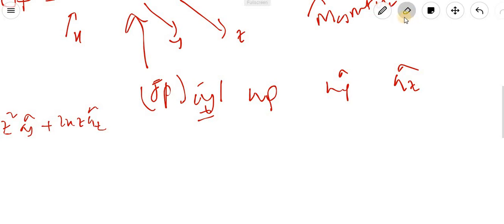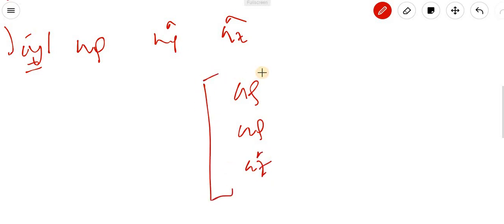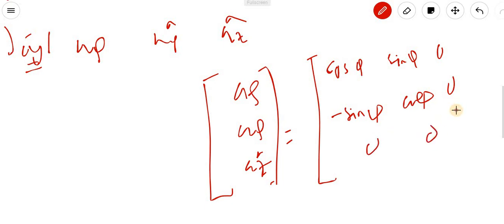Now, as you know the relationship of a rho, a phi, az, how it is correlated with ax, ay, az: the matrix with rows cos phi, sin phi, 0; minus sin phi, cos phi, 0; and 0, 0, 1.